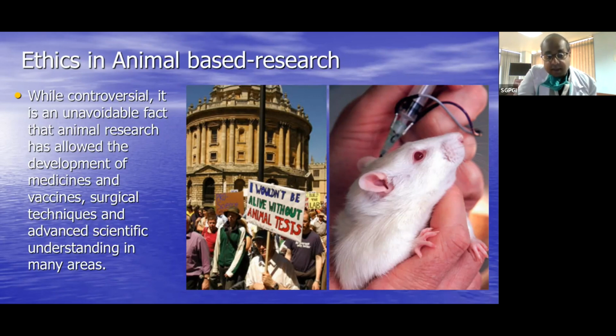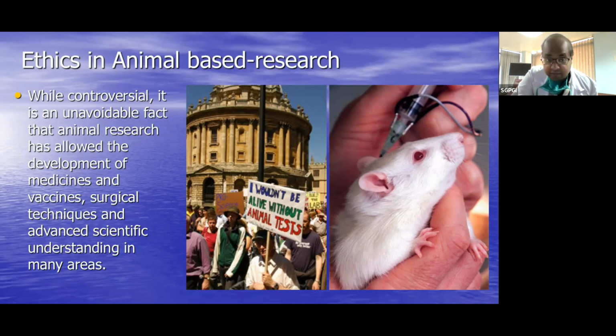They are not humans, but they form the first step before any clinical trials in humans are done. The progression of a clinical trial always goes through basic sciences and in vitro studies. But ultimately, if you have to see a holistic effect of your compound or research at a physiological level, you have to go to animal models, and only after having some positive effects in animal systems can you go to the clinical trial.